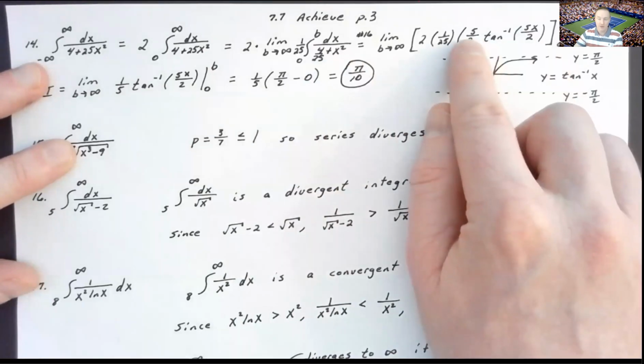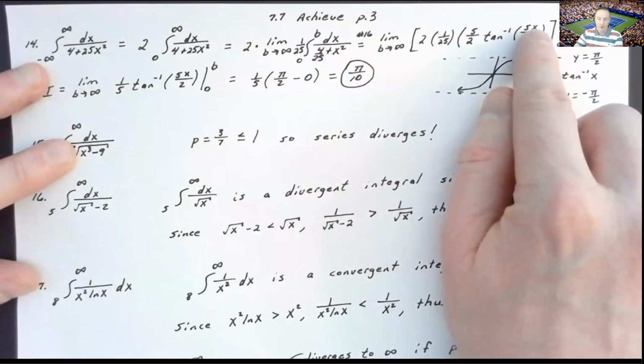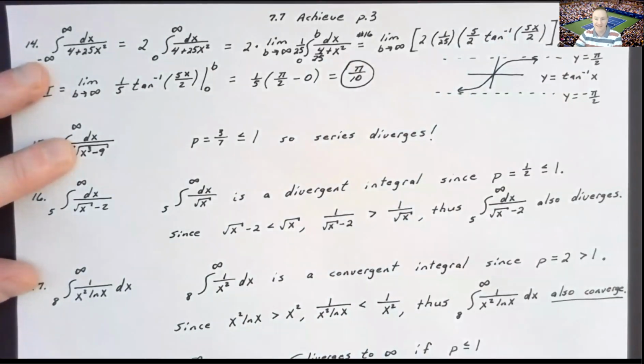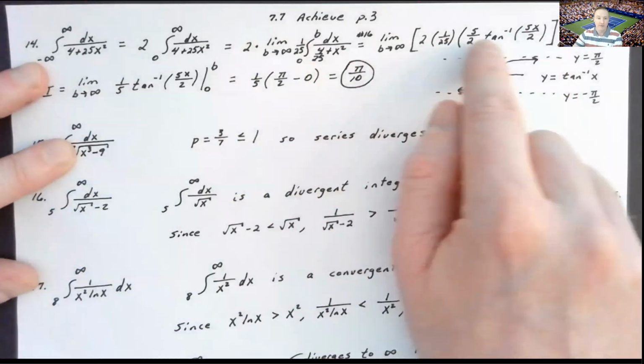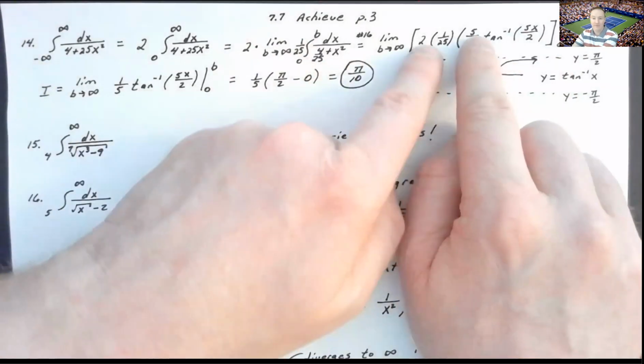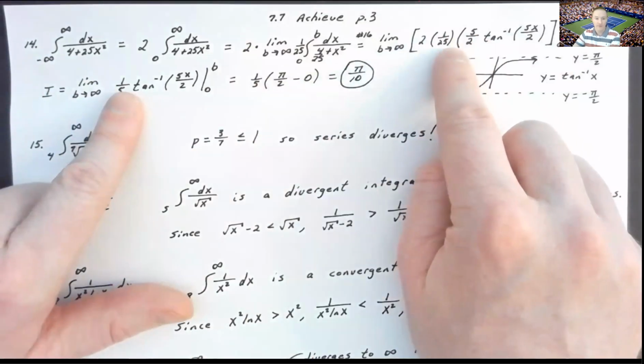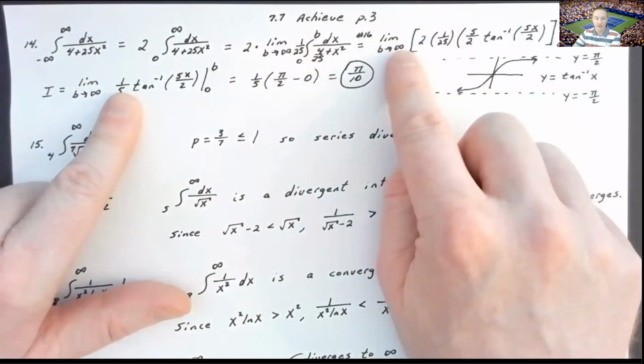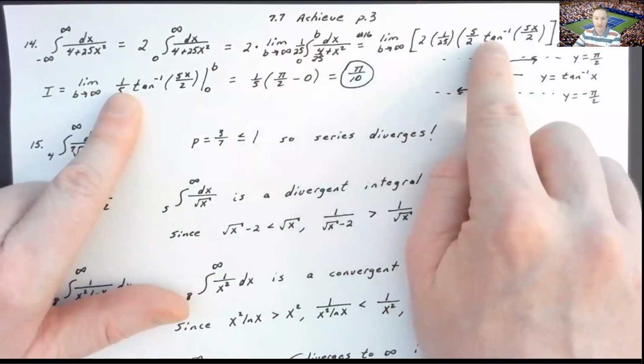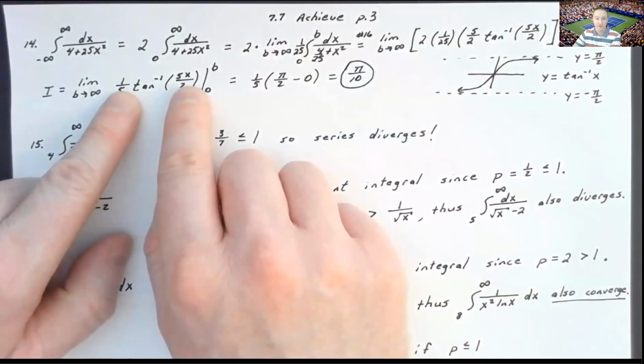The coefficient of the inverse tangent becomes what's multiplying the x on the inside. And now you say, well, okay, this can be simplified. This 5 over 2 is going to multiply the 2 25ths to give me 1/5. I'll have the limit as b approaches infinity of 1/5 times the inverse tangent of 5x over 2.